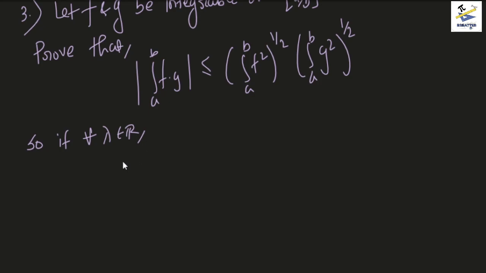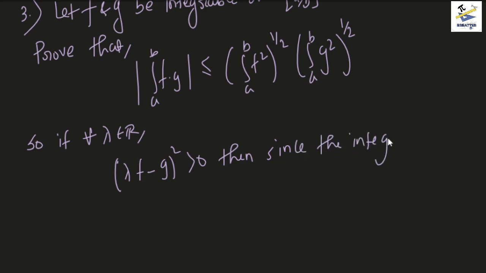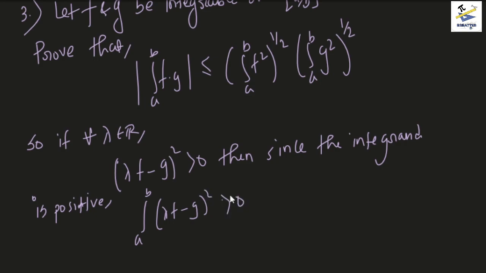So if for all lambda belonging to R, we have lambda f minus g whole square greater than 0, then since the integrand is positive, we can say that the integral from a to b of lambda f minus g whole square is greater than 0, right?